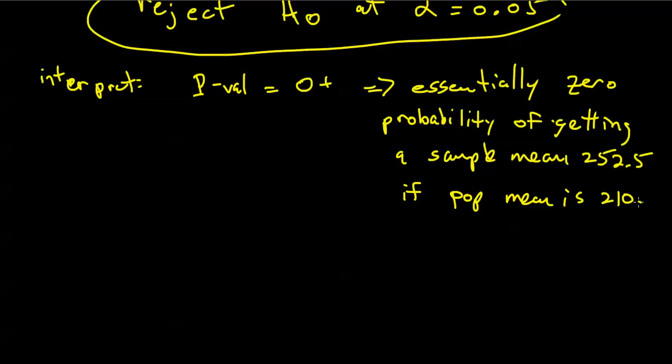So the implication here is there is something maybe wrong with this assumption. There's something maybe wrong or false about that statement that the population mean is indeed 210.